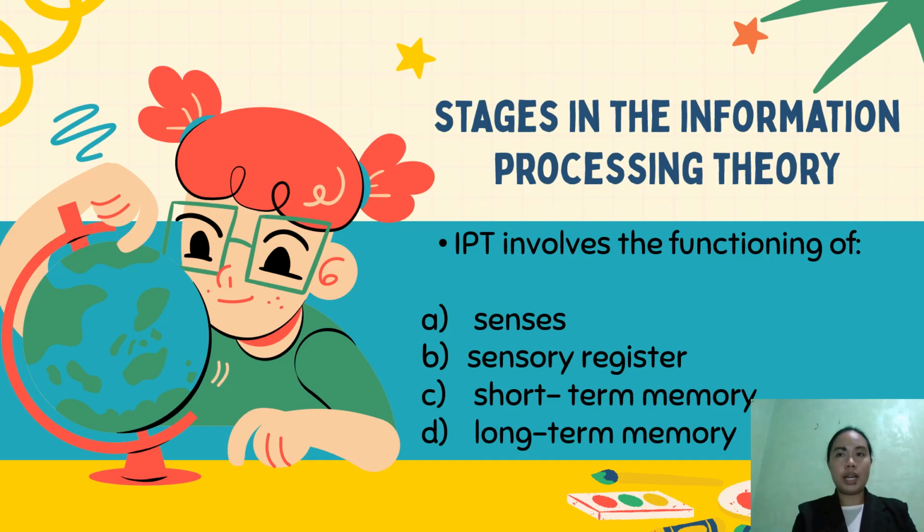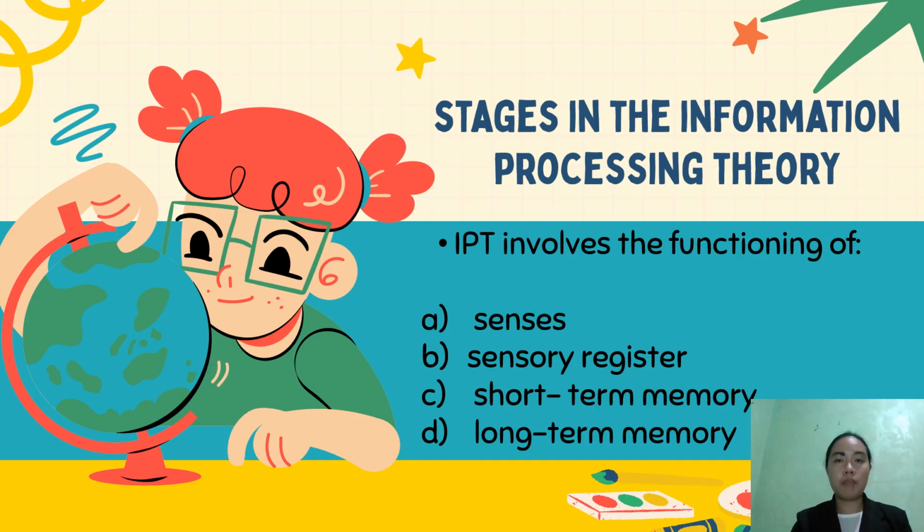And the third one is the short-term memory, also called working memory. This is the stage where active thinking and processing occur. The information that we pay attention to from the sensory register enters the short-term memory.